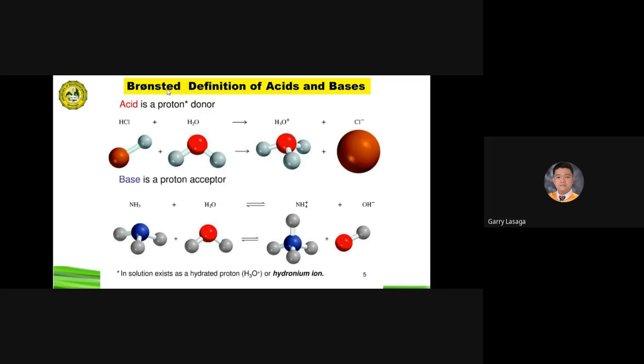So based on our Bronsted-Lowry definition of acids and bases, saan dito yung ating base? Saan dito yung ating acid? We have 4 molecules here in our reaction. So saan dito yung ating base and saan naman dito yung ating acid?